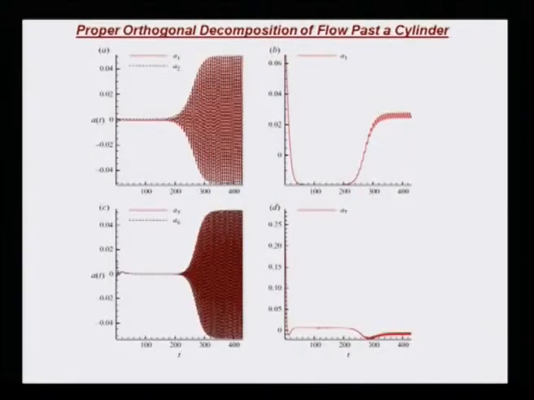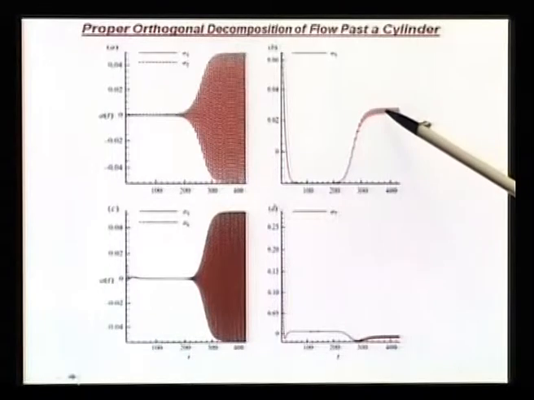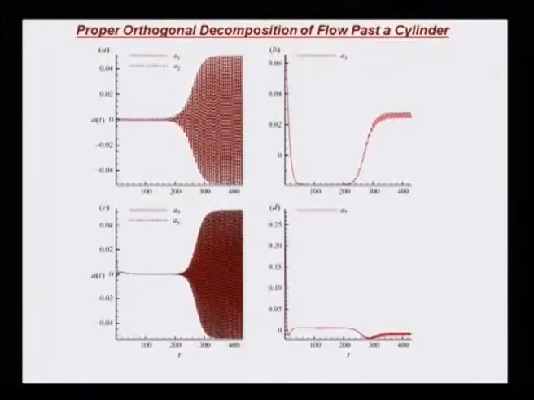Recall what Noack said, that this is going to be present at all times, which is not true. It is present at all times later, in the equilibrium state, but it is also not steady. You are seeing this fluctuation, and this fluctuation is something like a Strouhal frequency. This is characteristic of that.